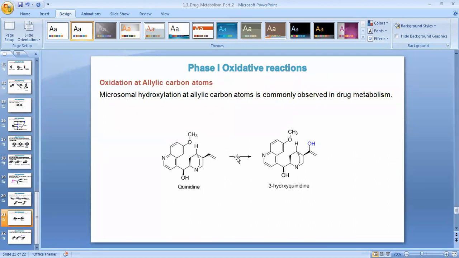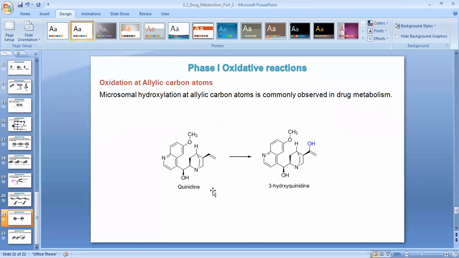Until now we saw a methyl functional group as a single carbon atom, but if that carbon atom is an allylic carbon atom, then it undergoes hydroxylation not by the regular hydroxylation. Such types of compounds undergo microsomal hydroxylation. Some microsomal hydroxylation reactions take place in our body. This type of drug molecule goes for microsomal hydroxylation at this allylic carbon atom, which is commonly observed in the metabolism of quinidine.